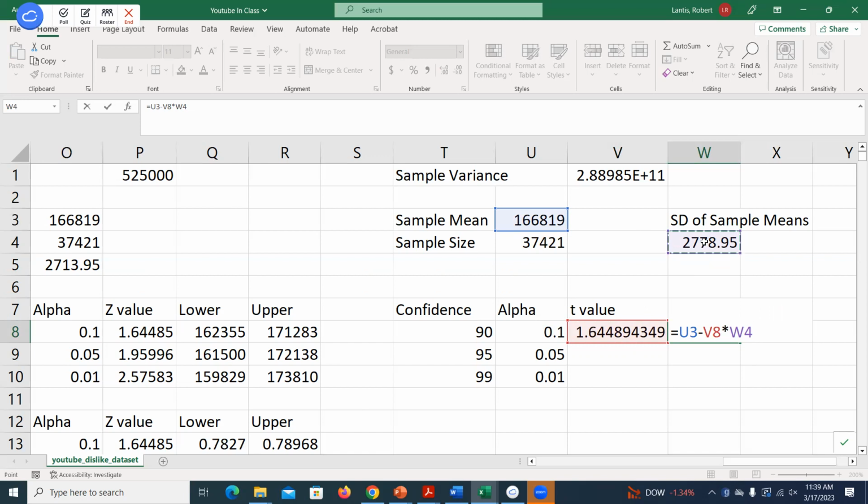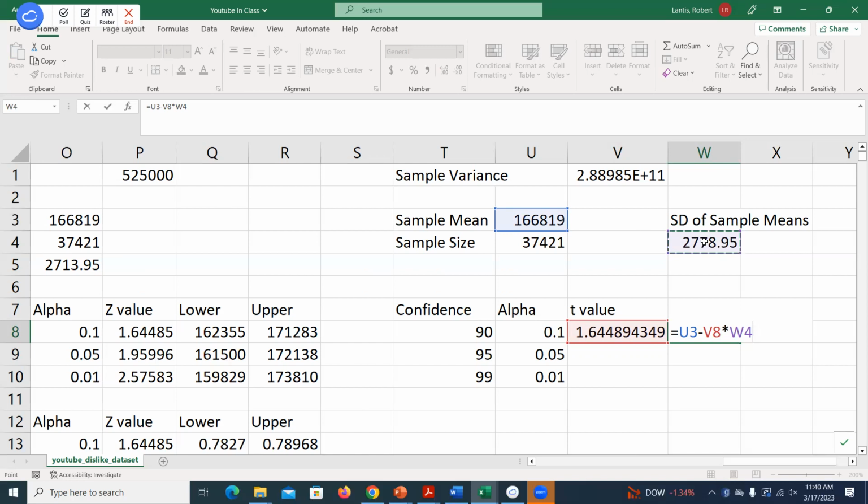Okay? When I copy this down to the next 2, what's the only thing that should be changing? Still the same sample mean. I'm building confidence intervals at different confidence levels. The only thing changing is my t value, or my alpha.